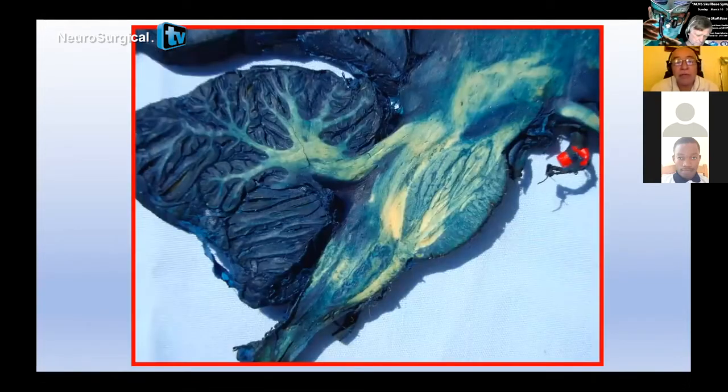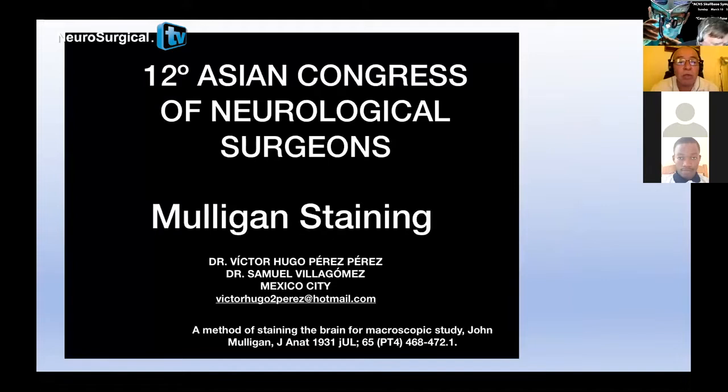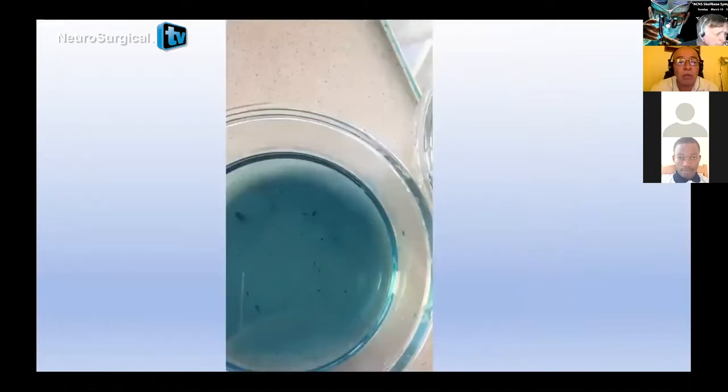So this is a close view of the brain stem, the midbrain, the pons and medulla, and also cerebellum. So after seeing this, I want you to see what we are doing.